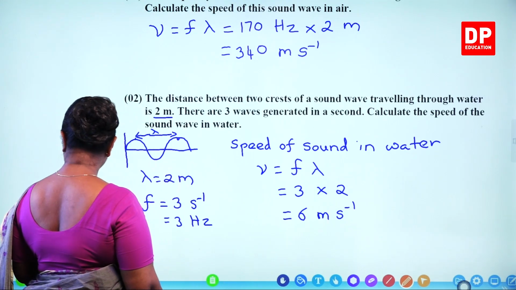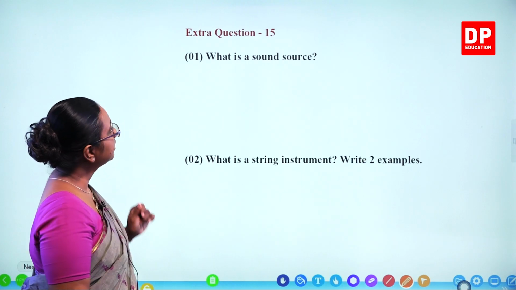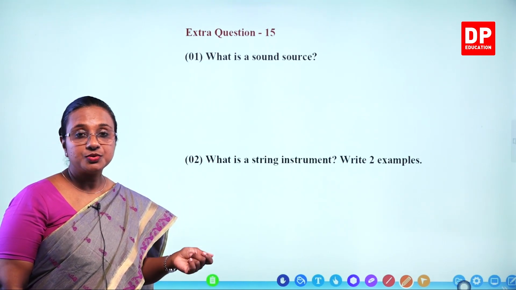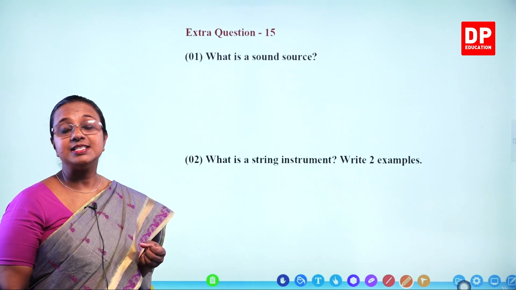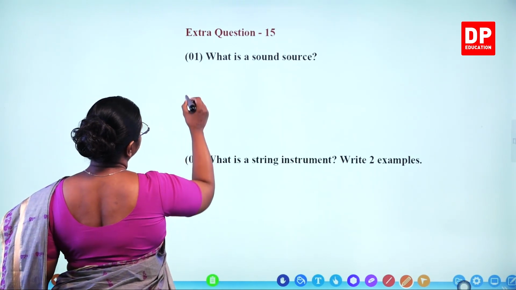Then the next question. Extra question 15. What is a sound source? A source or a substance that can generate sound. So that is what we need to write here.